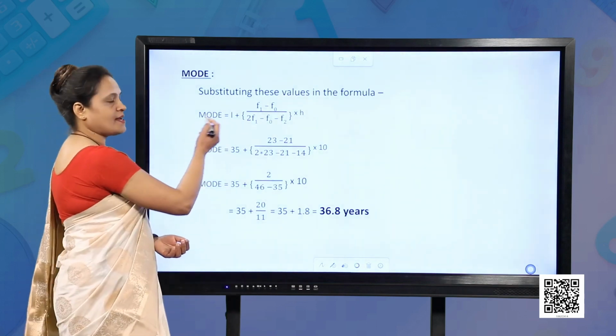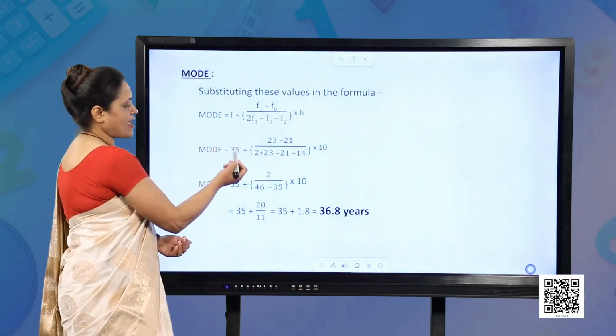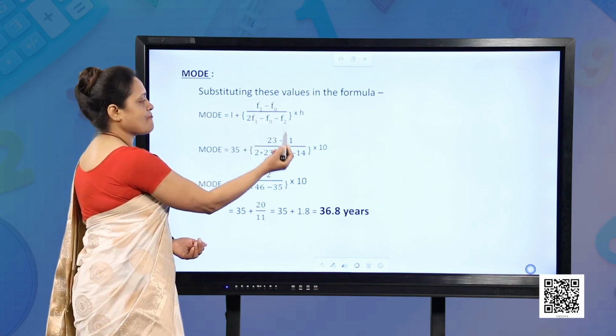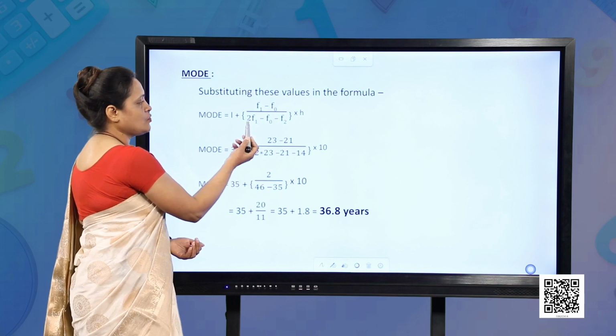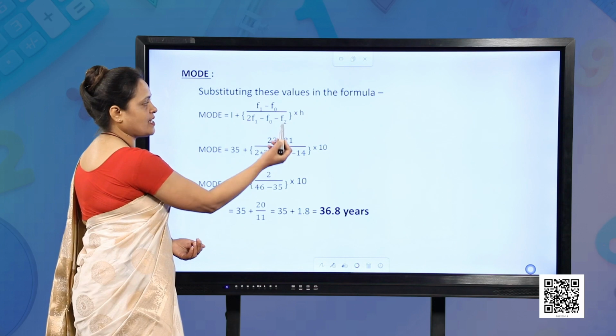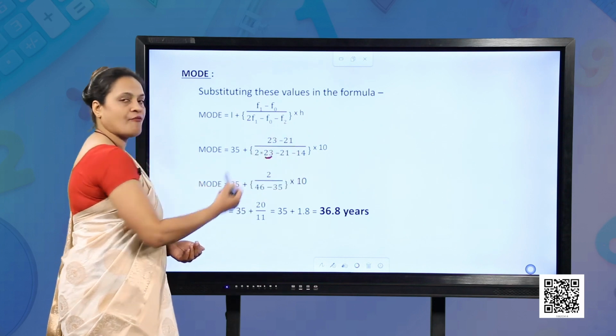After taking these values, we are going to substitute them in this formula. Mode will turn out to be: in place of L we will put 35, F1 was 23, F0 was 21, 2 into F1 which was 23, F0 21 and F2 14.